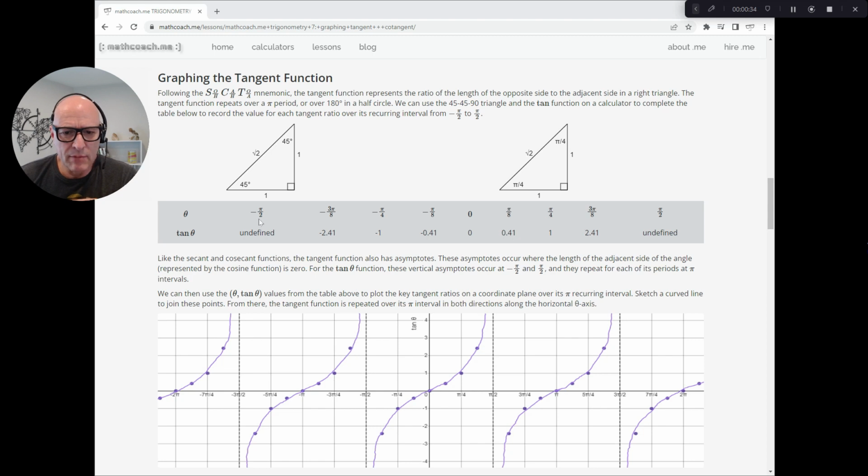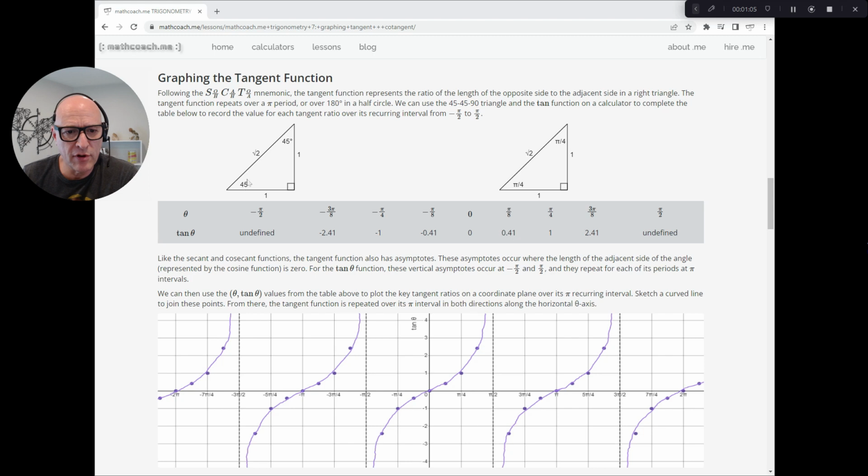So I can see that I'm plotting here from negative pi over 2, negative 90 degrees, negative 45 degrees, 0, 45 degrees, and then to 90 degrees. So one complete cycle from negative 90 degrees through 0, and then to positive 90 degrees. I can plug them into a calculator, and for 45 degrees, I can use a special triangle.